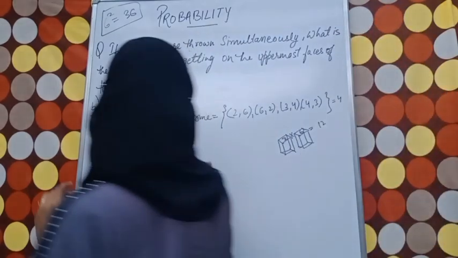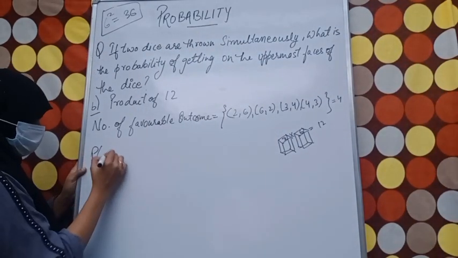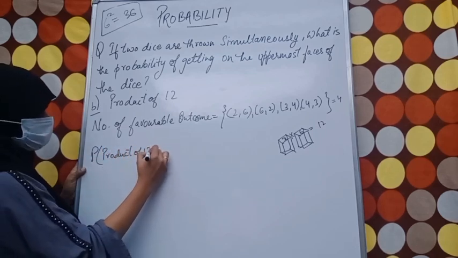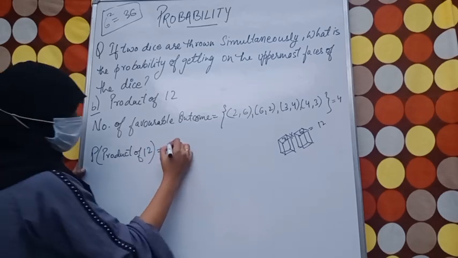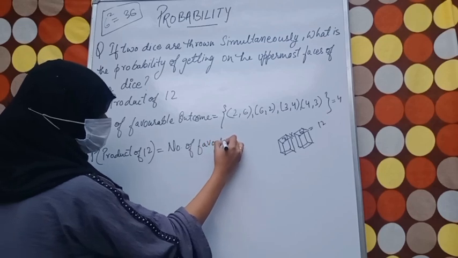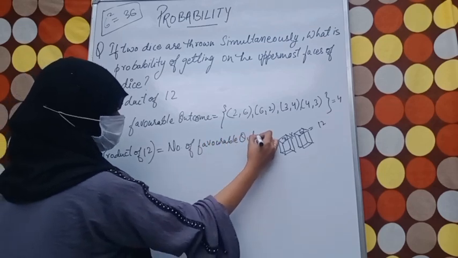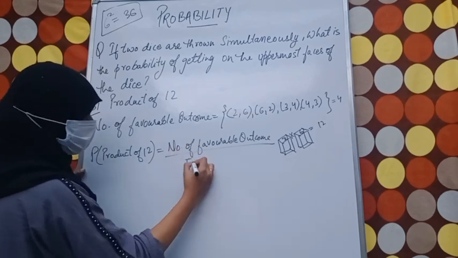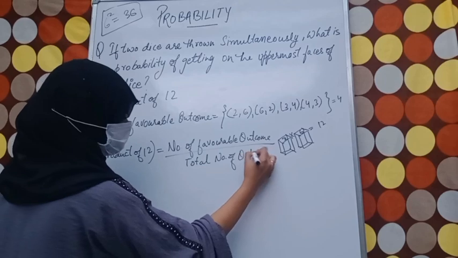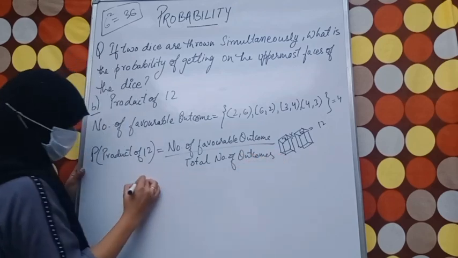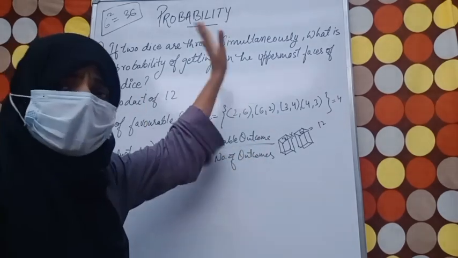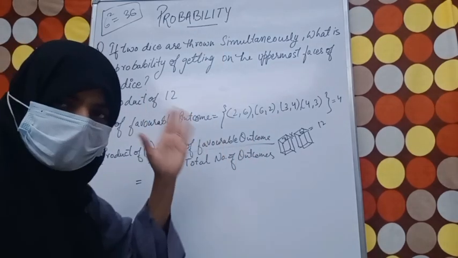4. So probability of a product of 12 equals number of favorable outcomes upon total number of outcomes. Here you don't have to define the total number of outcomes, you don't have to write it in full, just keep it in your mind.